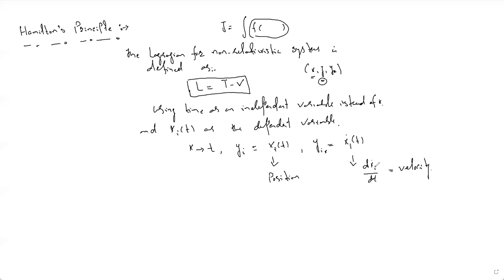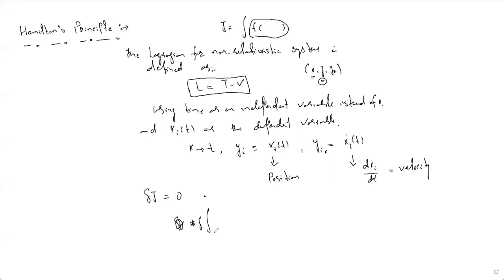Now you know the variational principle, delta J equal to 0. Delta J equal to 0 is actually the mathematical statement of Hamilton's principle of classical mechanics. So what is my J? J is defined as an integral of the Lagrangian.